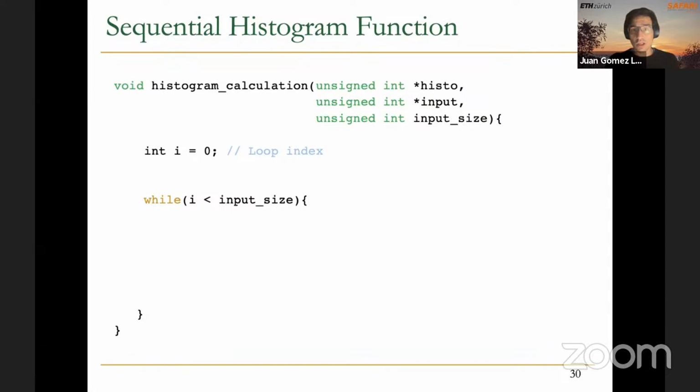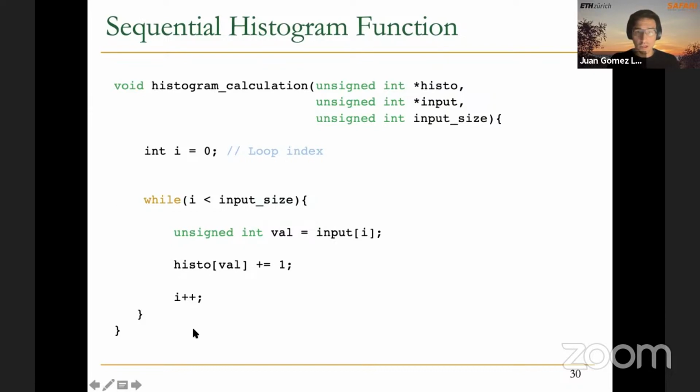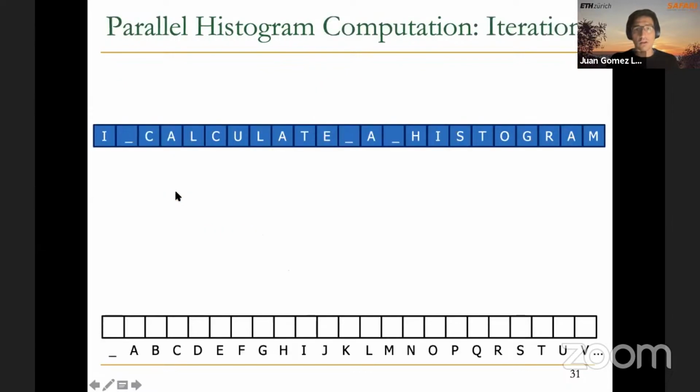The only thing that we need is a for loop to go through all elements of the input, read the value, and then depending on what the value is, we will update the corresponding bin of the histogram. As you can see, after that, we increment the index, we go to the next element, and so on.